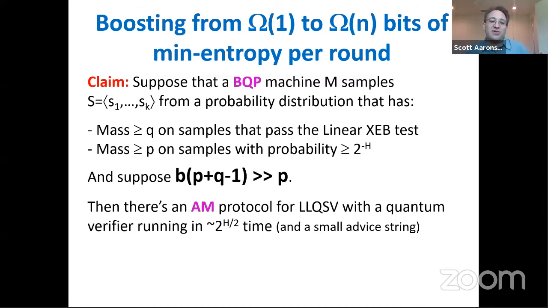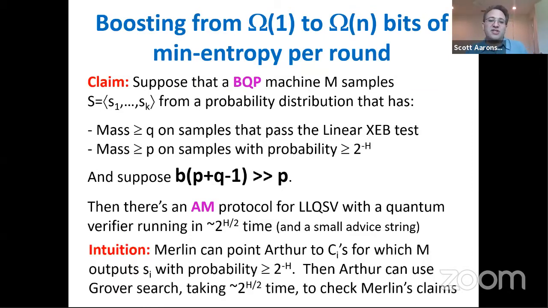And then also suppose that B and P and Q are big enough. Then there is an AM protocol for this LLQSV problem with a quantum verifier running in time about 2 to the H over 2, and also with a small advice string.